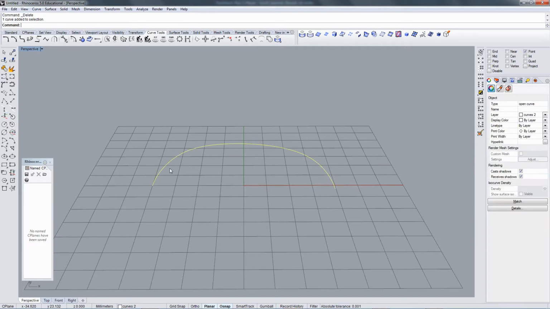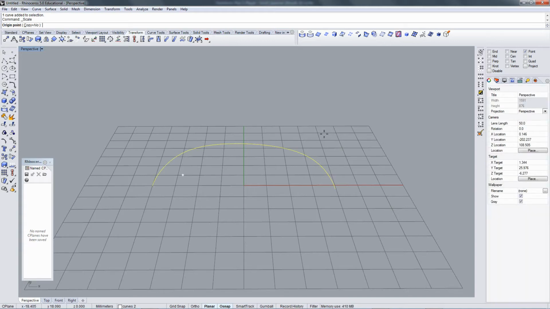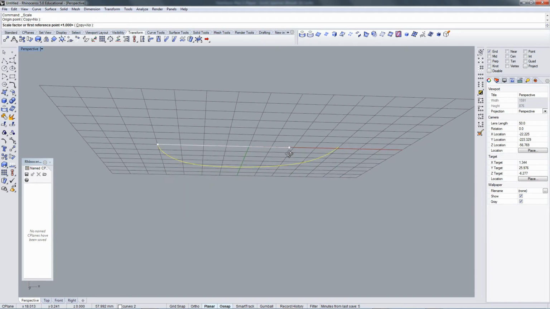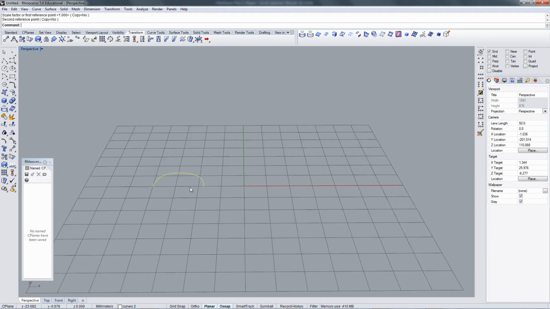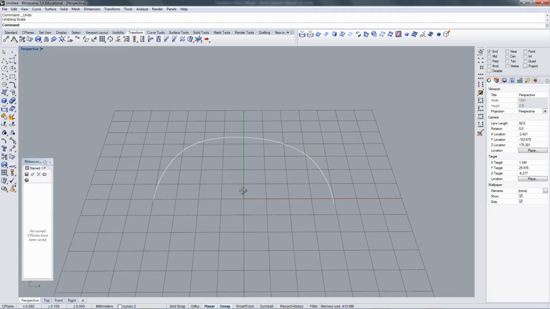If you're doing a scale operation, a scale transform, your pick points will be on the C-plane. So if I come to here for my scale, that pick point is on the C-plane. So you're drawing on the C-plane.